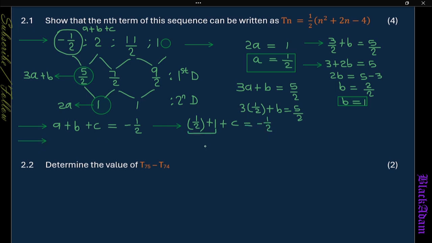Then we add the half plus 1, that's 3 over 2. So 3 over 2 plus c is equal to negative half. So c is going to be negative 1 over 2 minus 3 over 2, which is negative 4 over 2, that's negative 2. So we have our values a, b, and c.